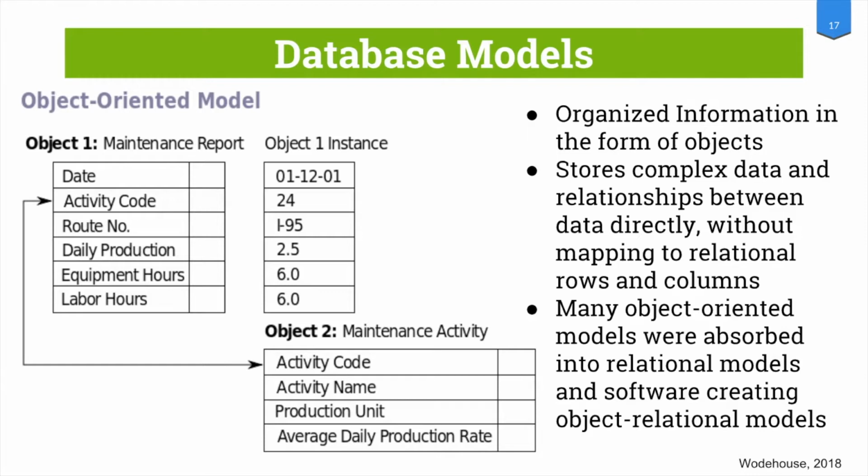In the 1990s, in part because of the impedance mismatch problems occurring in relational databases, where data tables ended up being too difficult to force together, the object-oriented database model came to be, where information was represented in the form of objects instead of tables. But these didn't catch on enough to replace the popularity of relational databases.